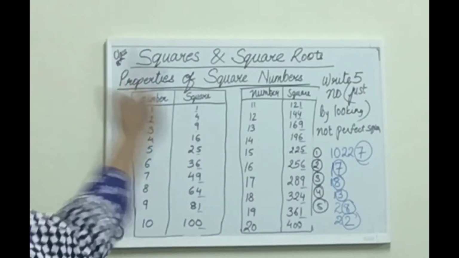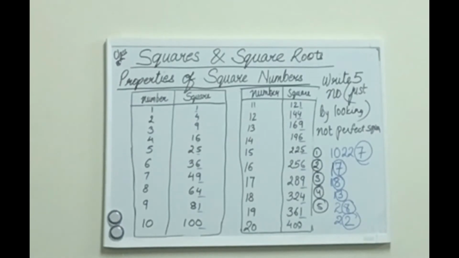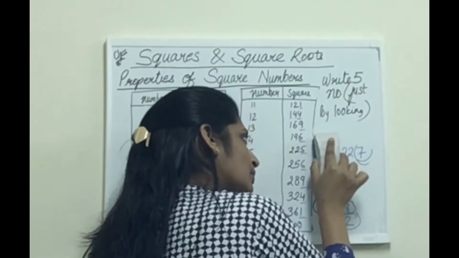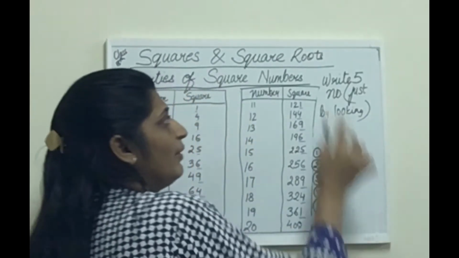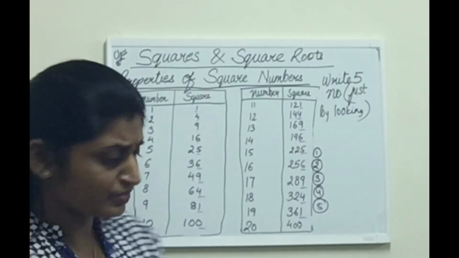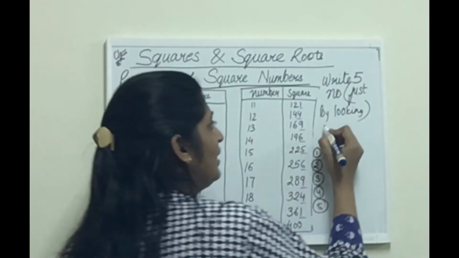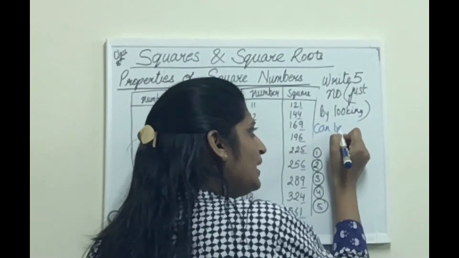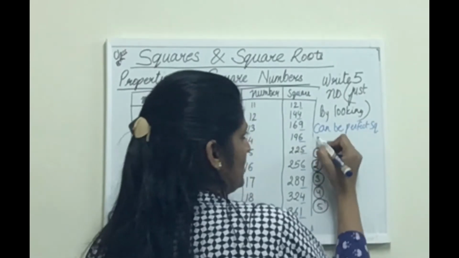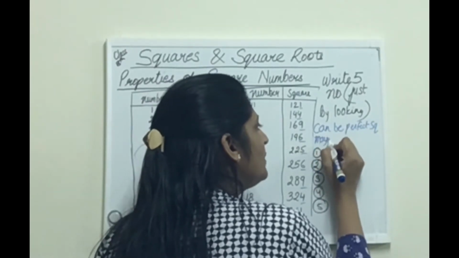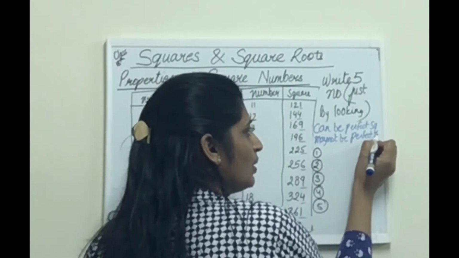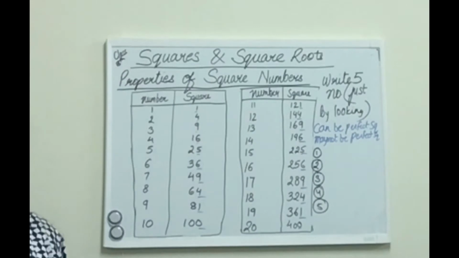Now, the same question, but this time write 5 numbers which you can just by looking say can be perfect squares, may be perfect squares, may not be perfect squares.